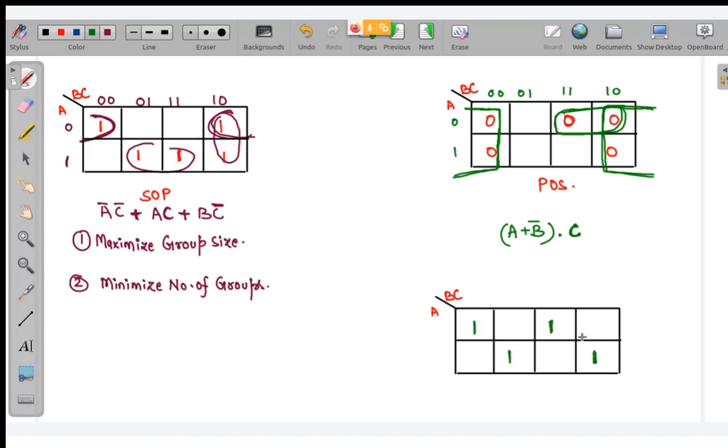Where is the problem? Chandana, Shruti, Piyush. What happened? I got AC plus AB plus A complement C complement. From where did you get AB?